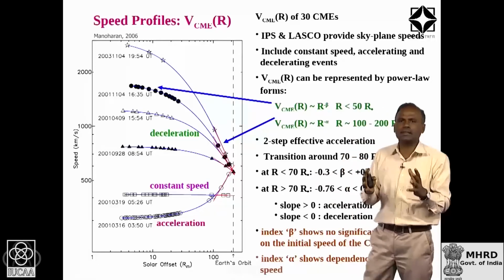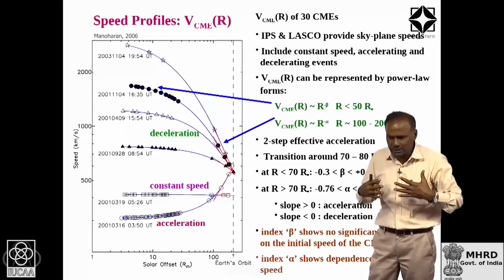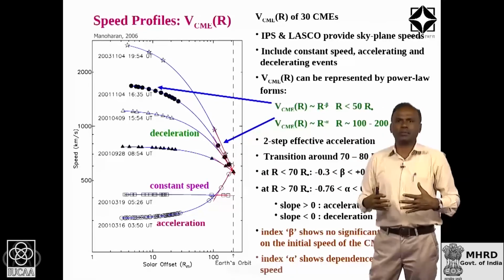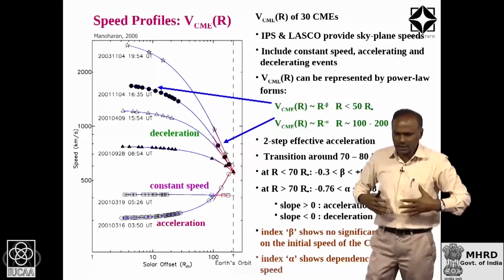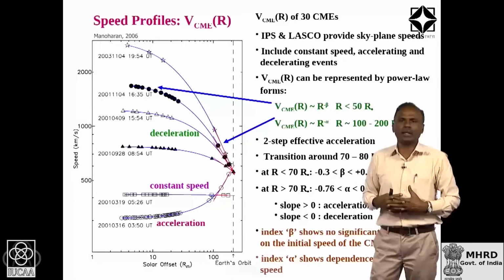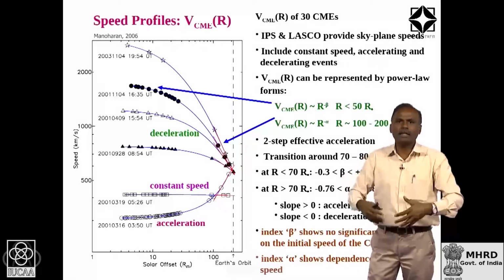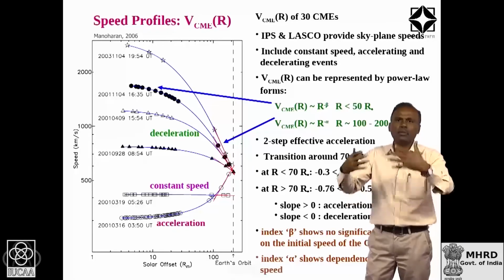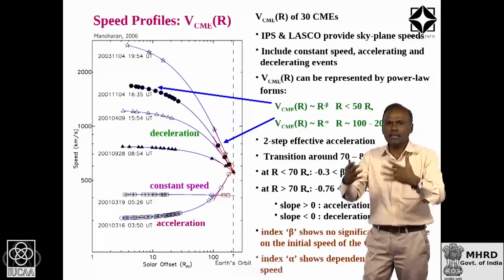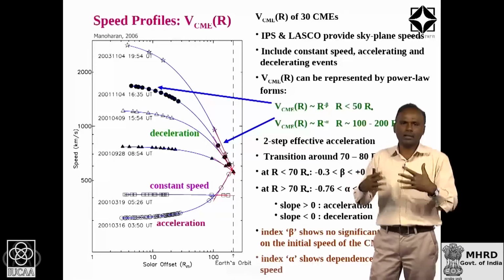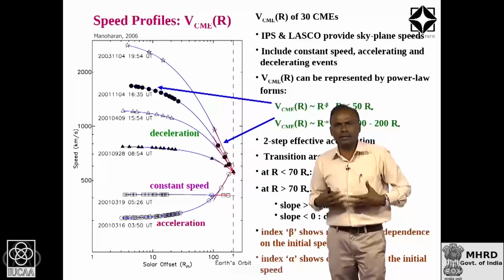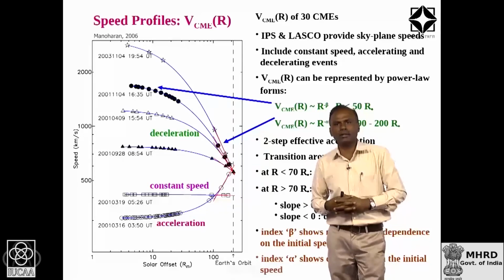So this gives the idea when the coronal mass ejection is moving in the interplanetary medium. When the coronal mass ejection is propagating in the interplanetary medium, they exchange energy with the ambient solar wind. So the exchange of energy, they go through a drag in the ambient solar wind.